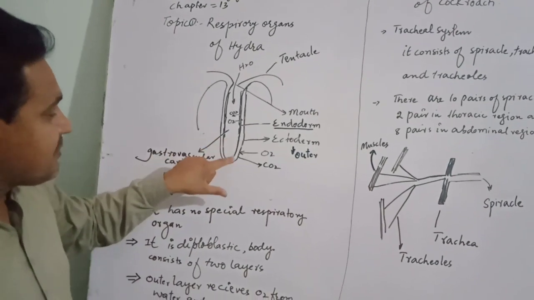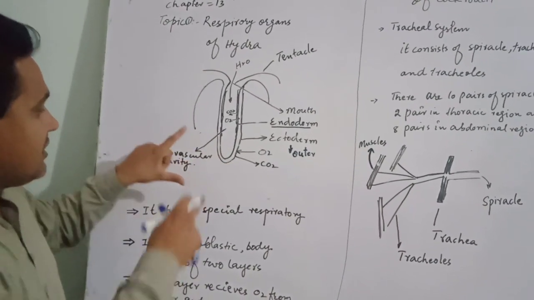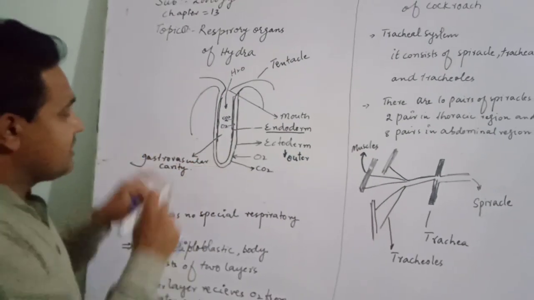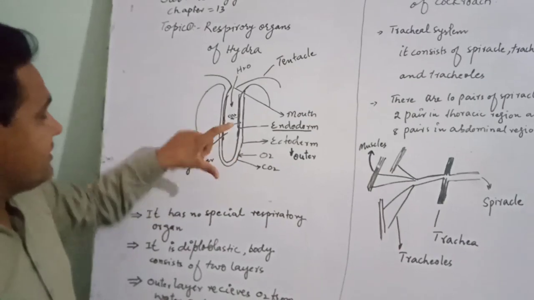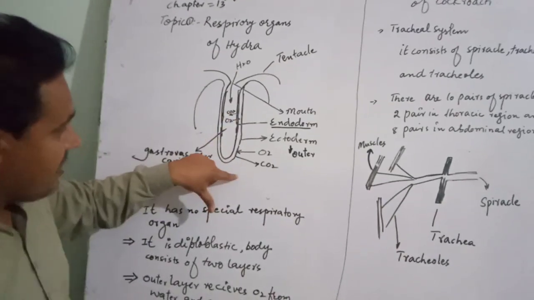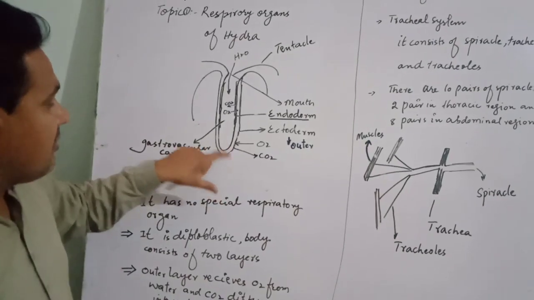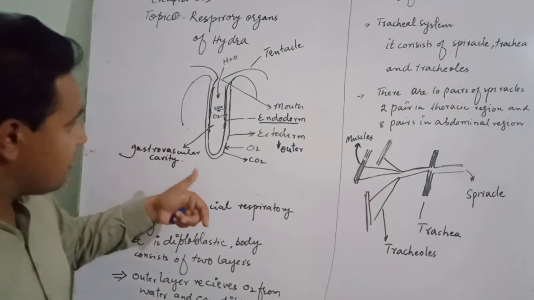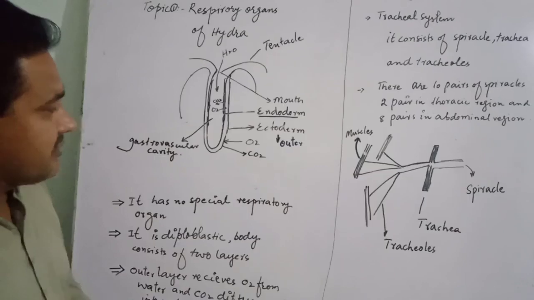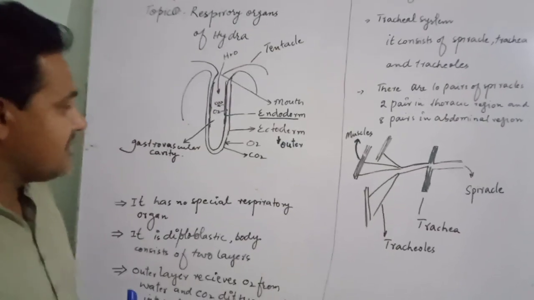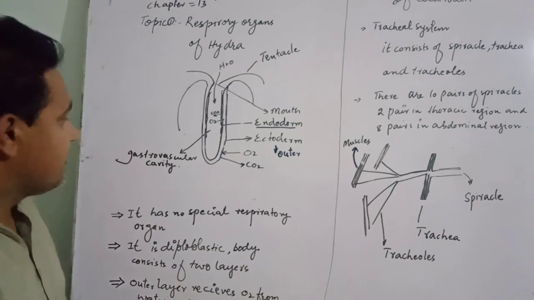So the water is present around its body. Water is present in its surroundings, which means this animal takes in oxygen from water and gives out carbon dioxide into water.